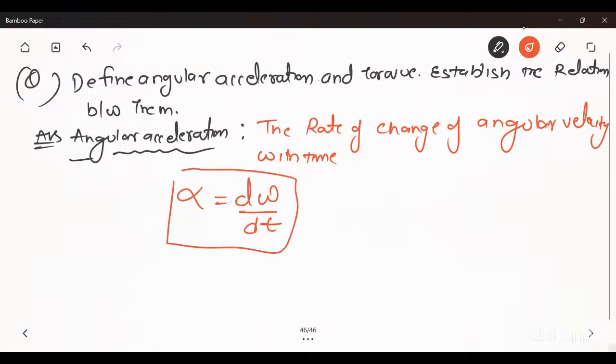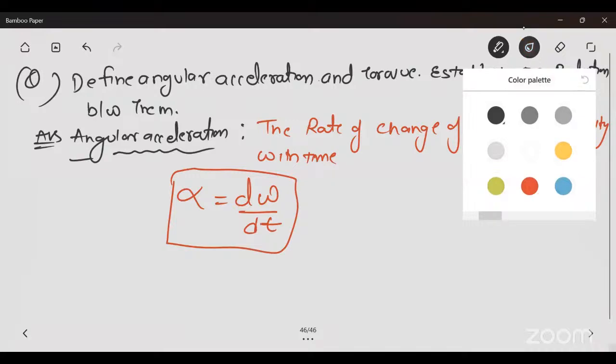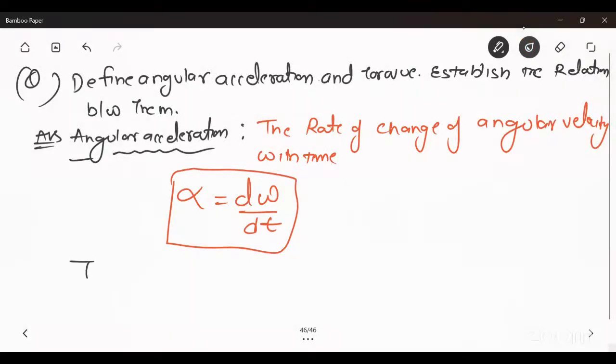Now next is torque. You can write the definition that the product of force and the perpendicular distance is torque.